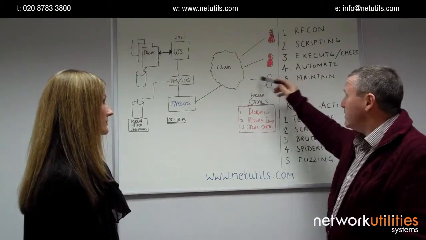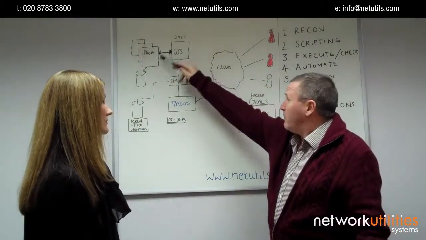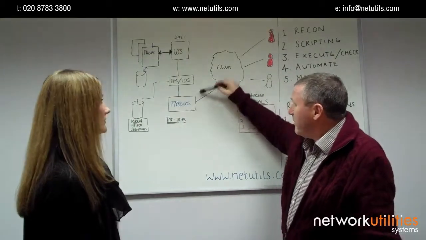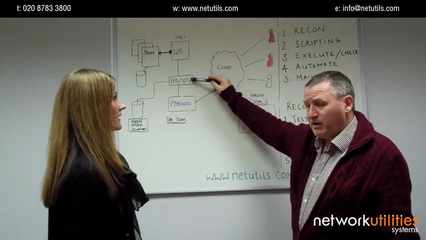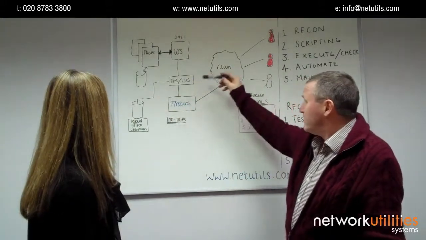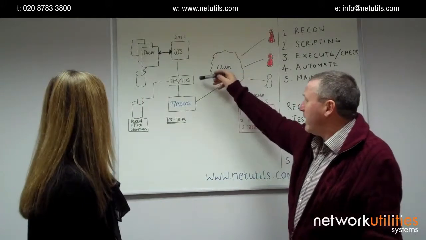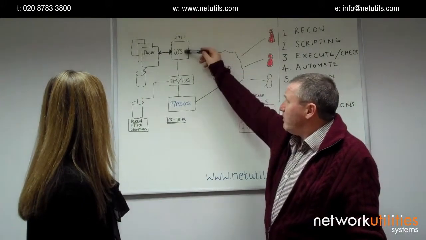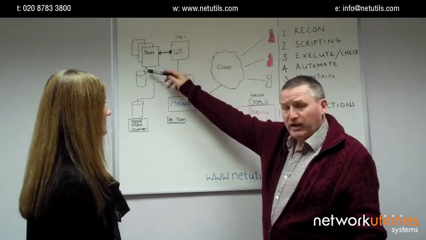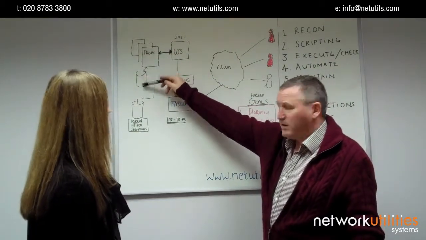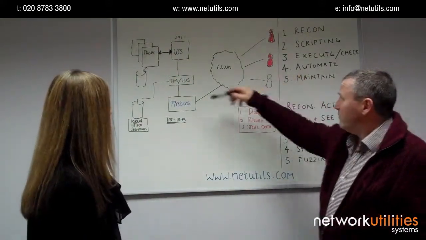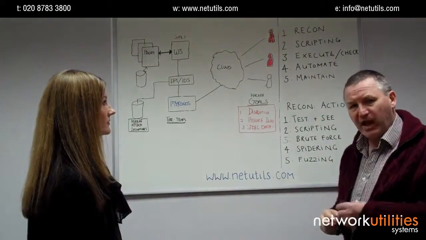He or she is accessing their bank or building society through the cloud, coming down, forget about the Mykonos system at the moment, through the IPS and IDS system, which uses known signatures to look for inappropriate behavior, onto the web server, and then the web server serves up the pages, which in turn get the information from the databases at the back end here. So that's the normal course of action for normal transactions, good behavior, let's put it that way.